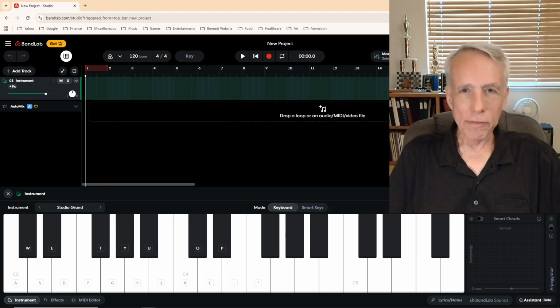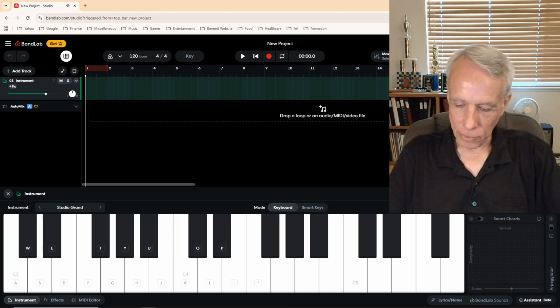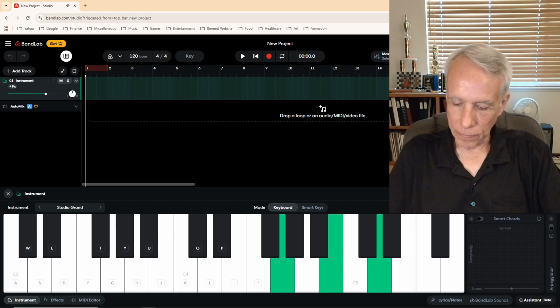So the 1, 4, and 5 with the C scale are the C chord, the F chord, and the G chord.